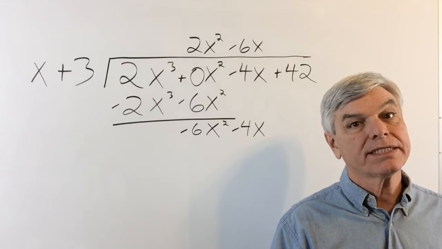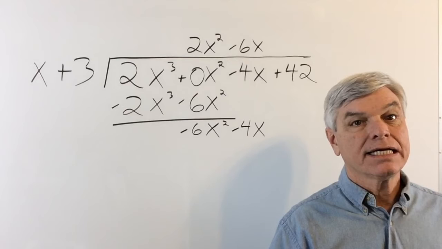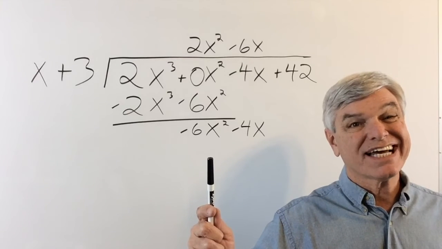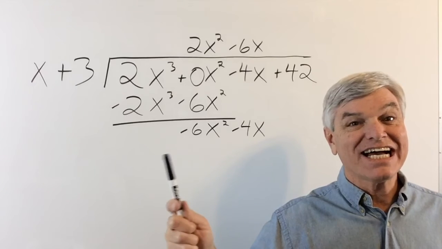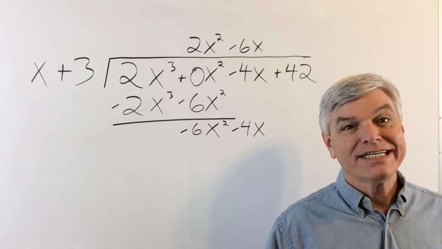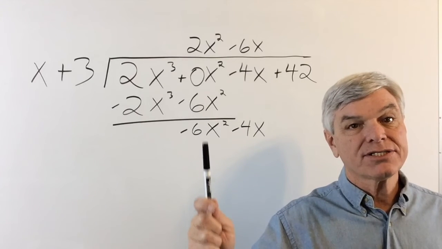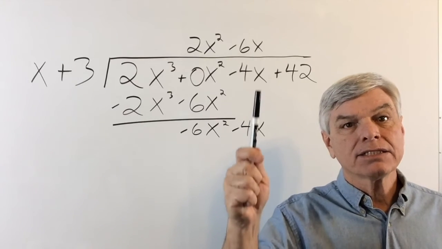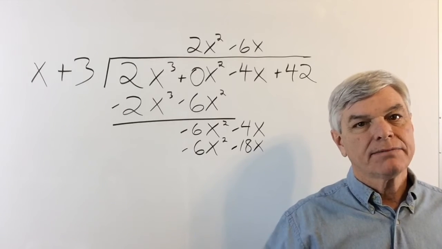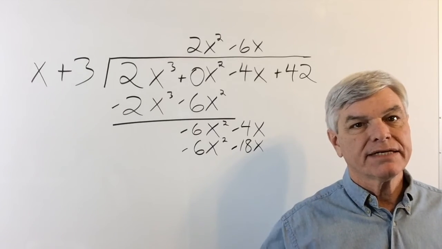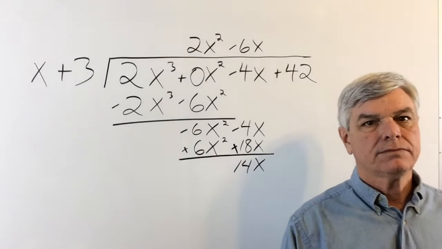You don't want to do something dumb like multiply it times positive 6x and then have a positive 6x squared here and then forget to change the signs because you don't need to. Okay, so make sure we're trying to match these terms. Okay, let's multiply that out. Negative 6x times x plus 3 is going to give us this. Let's change the signs and add.